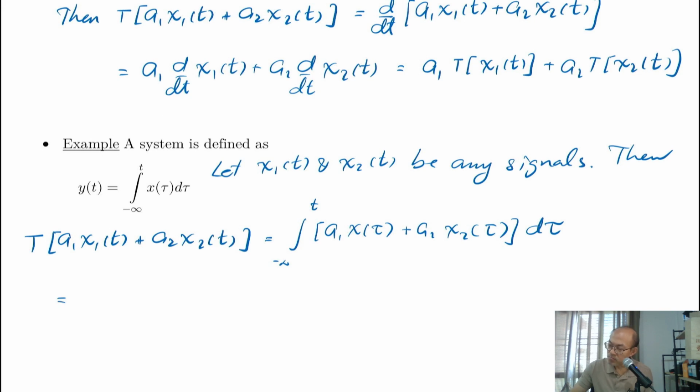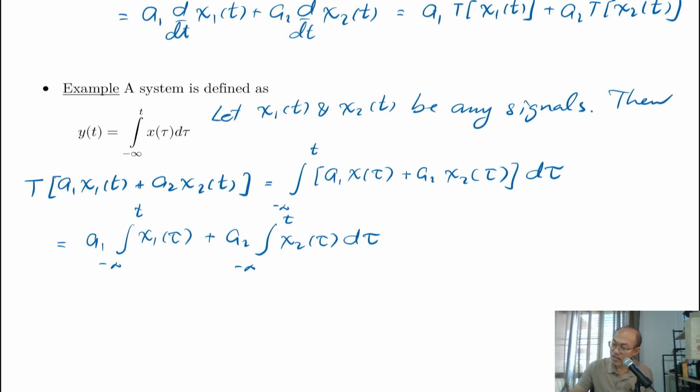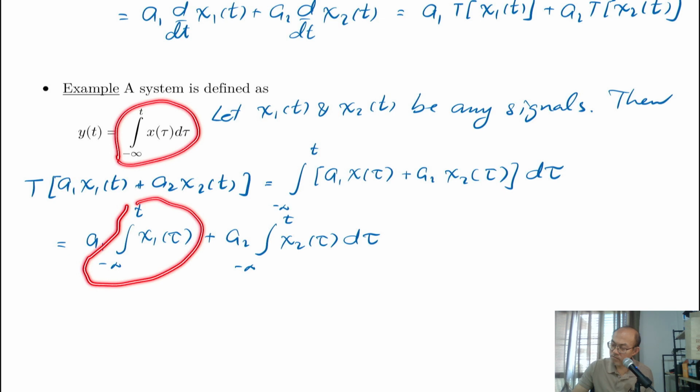And now, because we know that integration can be taken inside of the parentheses, this is going to be a1 integrating from minus infinity to t of x1 of tau plus a2 integrating from minus infinity to t, the same t, of x2 of tau. Now what does this integral mean? It is exactly the output from the system to the input x1.